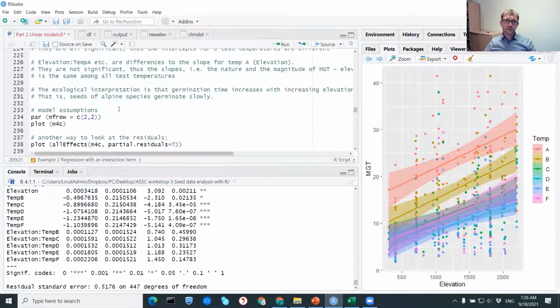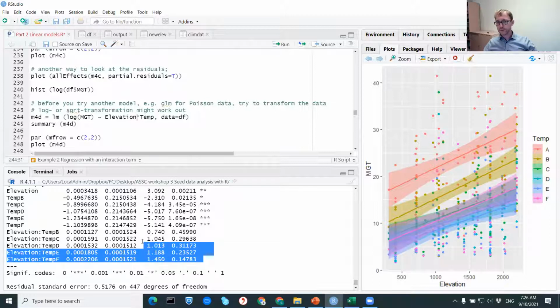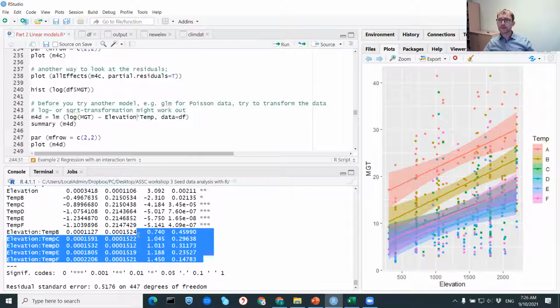By including this interaction term, I ask a more specific question, whether this relationship holds for every test temperature. And even if I have some non-significant results, these are my results, and I'm not really allowed to manipulate them to get better p-values.